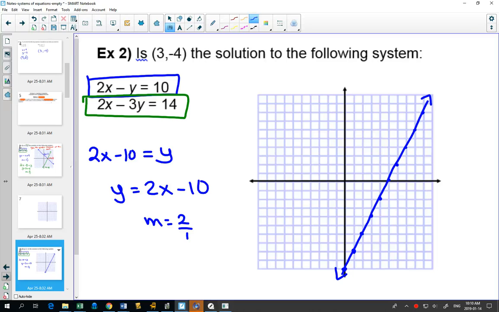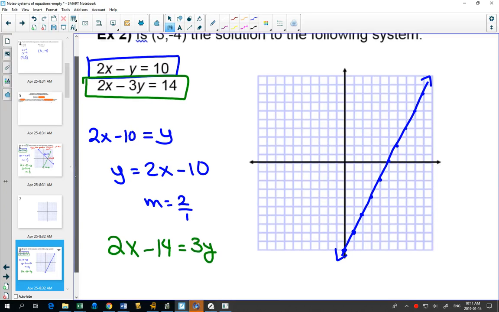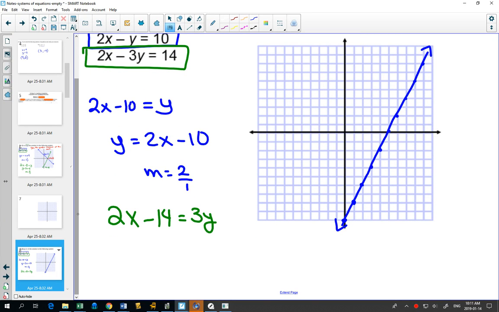And my green line, if I subtract 14 on both sides and add 3y to both sides, I get y by itself. How would I get y by itself? Divide by 3.